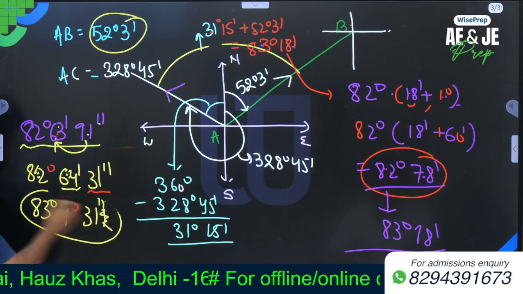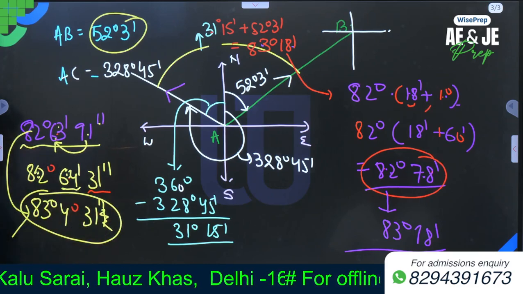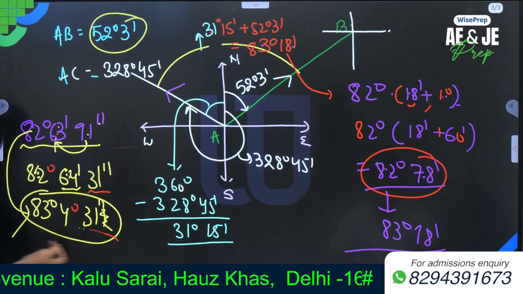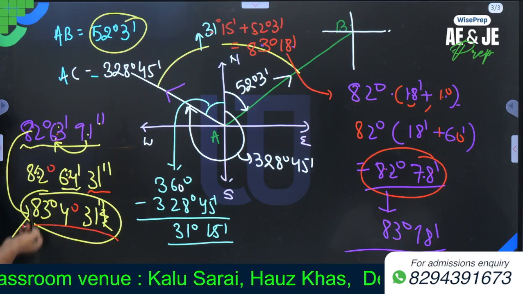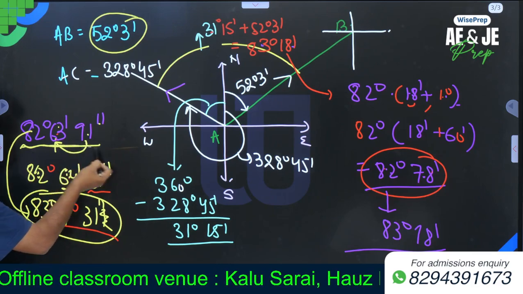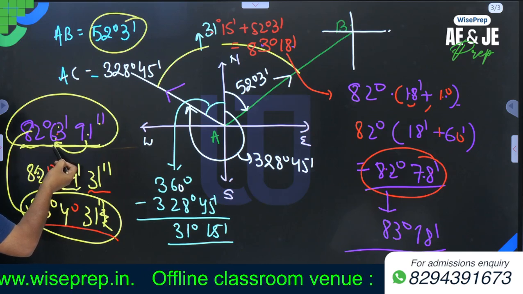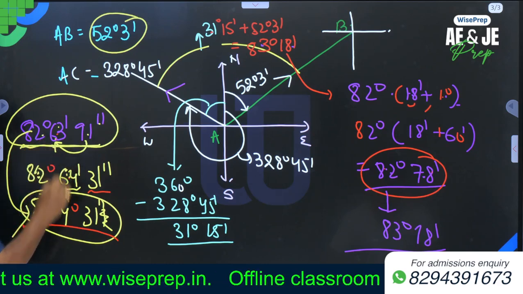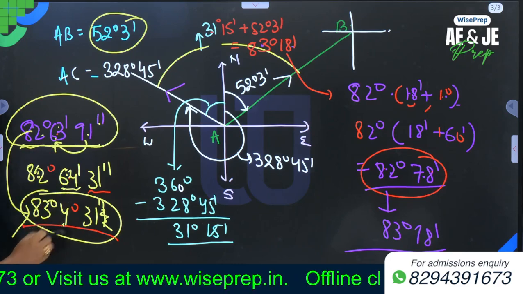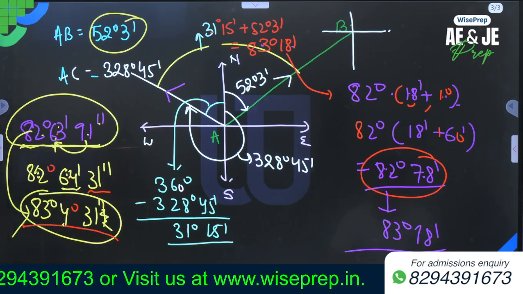So this value would be written as this one. So you'll get the options having this value. It may happen that you will not get any of the 4 options as this one. So it doesn't mean that you have done wrong. You have done right, but the same should be converted in the lowest form. All right, write down.